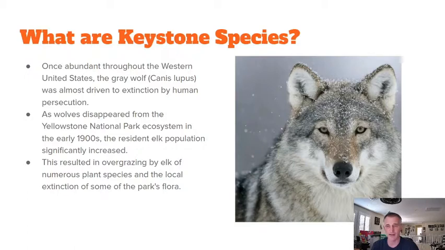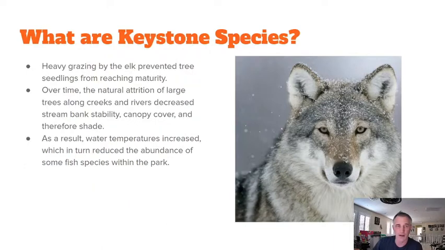Now, this caused a problem because the elk started overgrazing numerous plant species, right? Some of the local flora actually went extinct, right? So this heavy grazing by the elk prevented tree seedlings from reaching maturity.